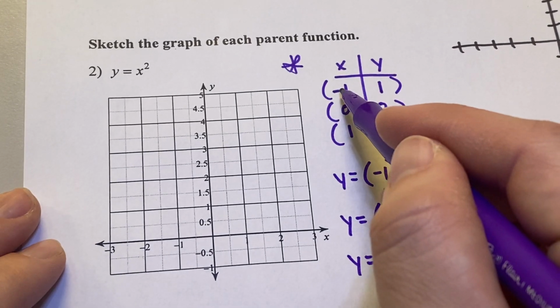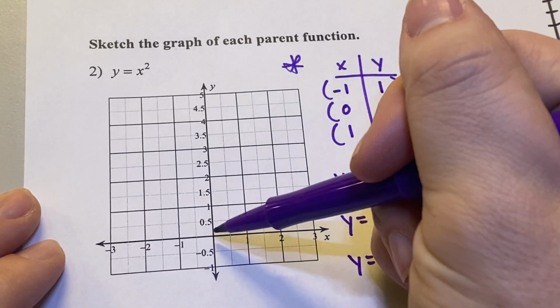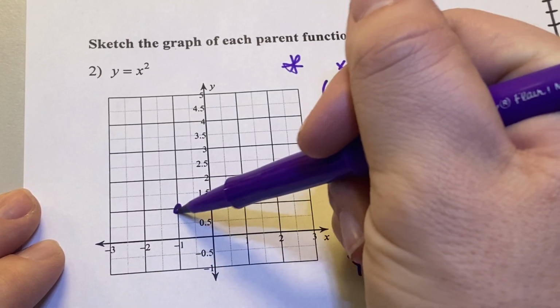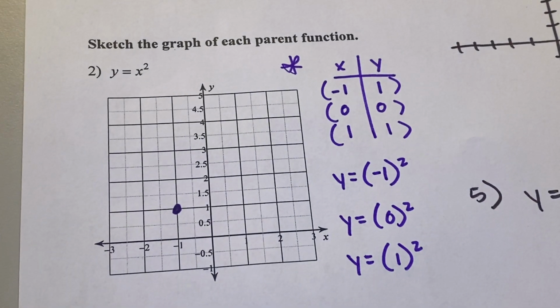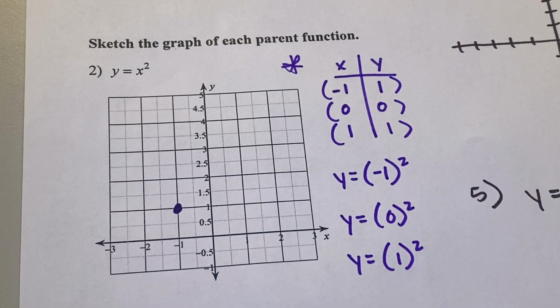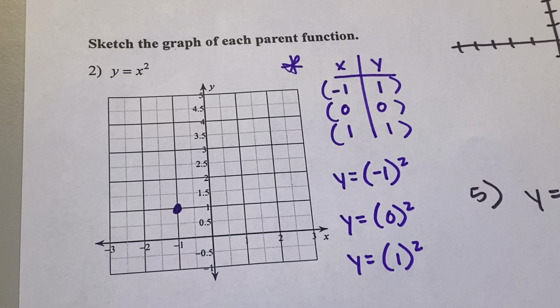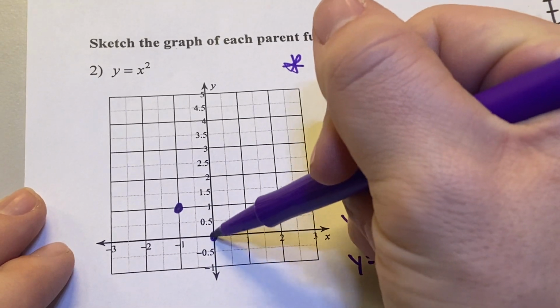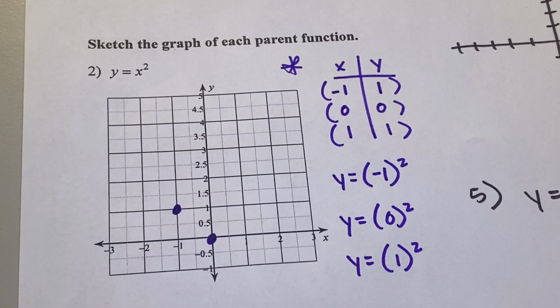So my first coordinate point is -1, 1. So x was -1, y is +1. Boom, there's my first point. My next coordinate point, 0, 0. Well, that's just right there in the middle.